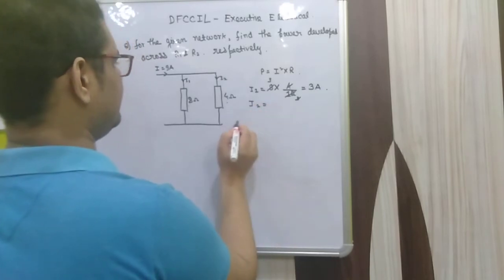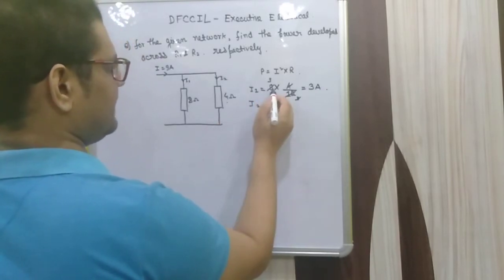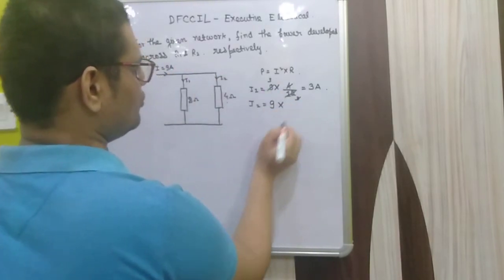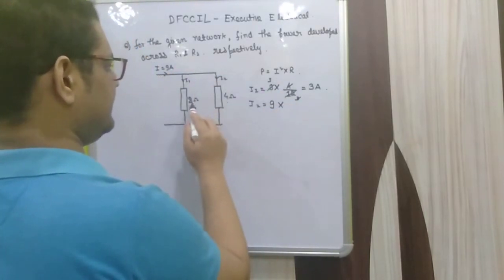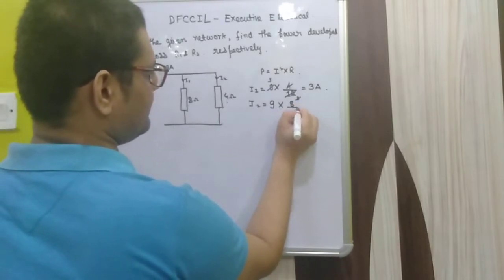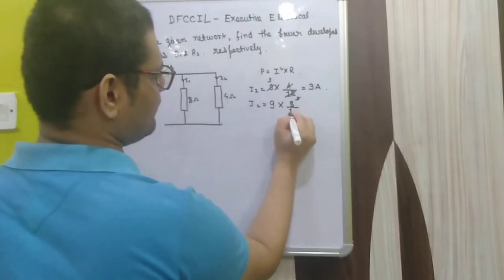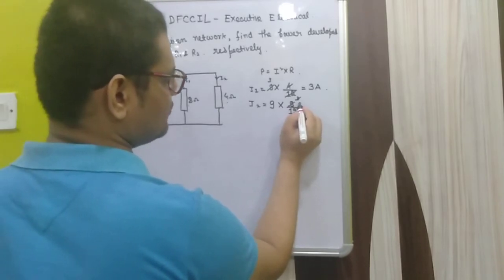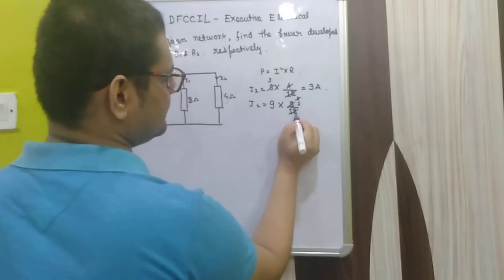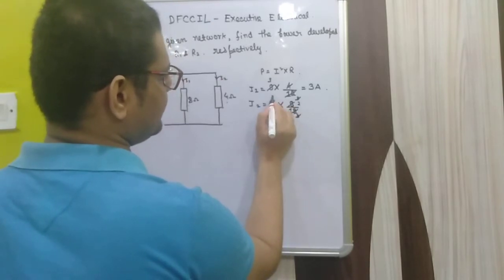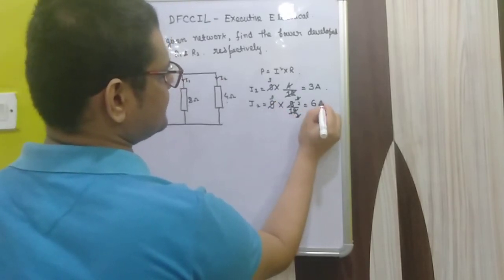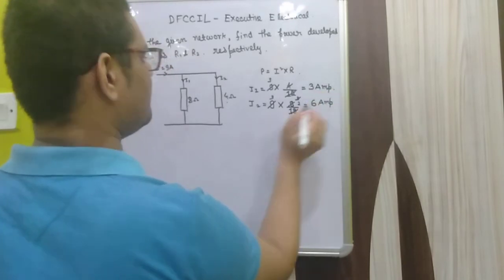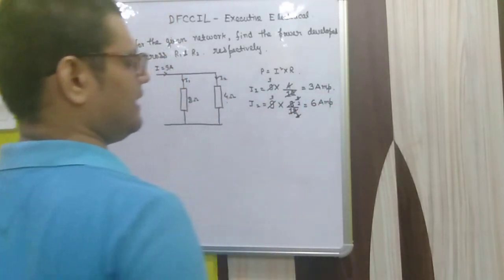I2 will be the total supply current 9 into 8 divided by 8 plus 4, that is 12. We just cancel the multiplications, 3 and 3 to the 6, that is 3 ampere and 6 ampere. So now we have got the values of I1 and I2.